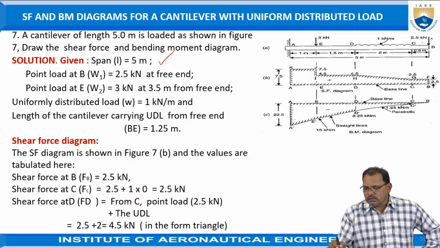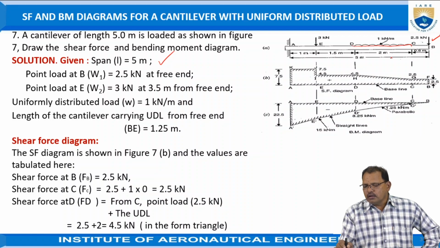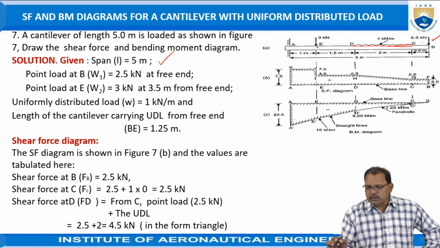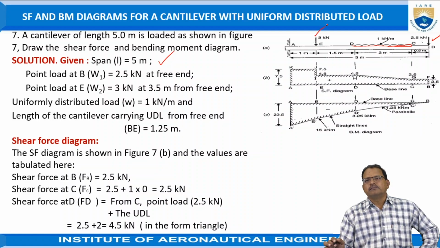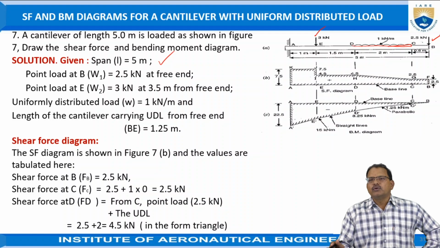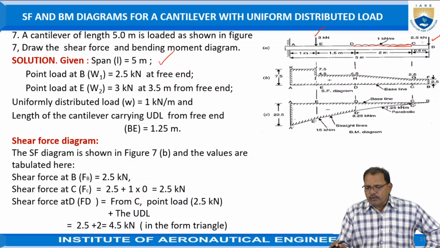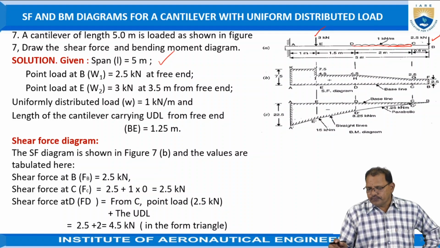At B, a point load of 2.5 kilonewton is acting. Between C and D, it is having uniformly distributed load up to D position, but at E point a 3 kilonewton point load is acting now. That is, the 2 point loads as well as the uniformly distributed load are acting over the beam.